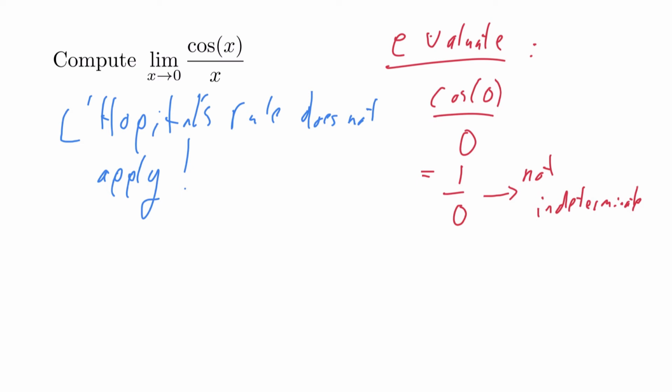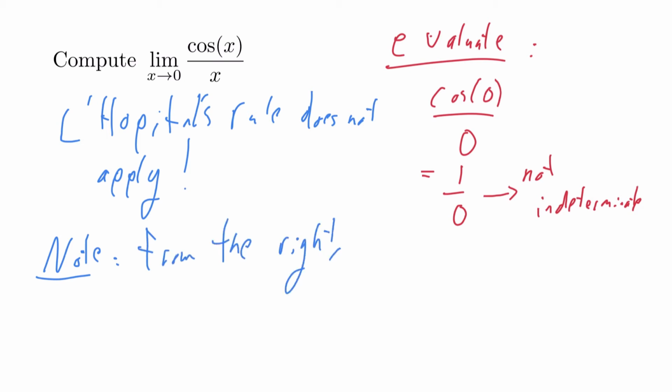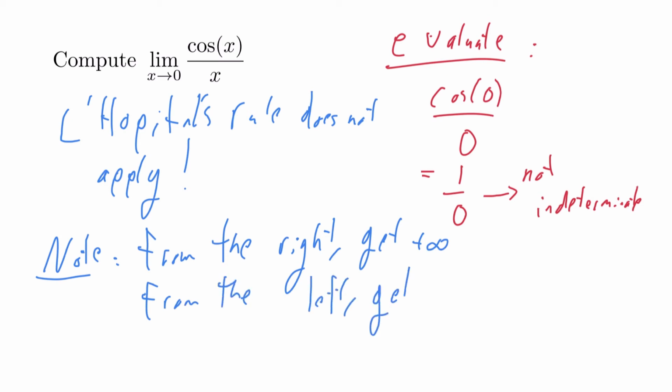So we need to do some more sophisticated analysis. So I'll say note, from the right, we get plus infinity, and from the left, we get minus infinity. So this does not exist.